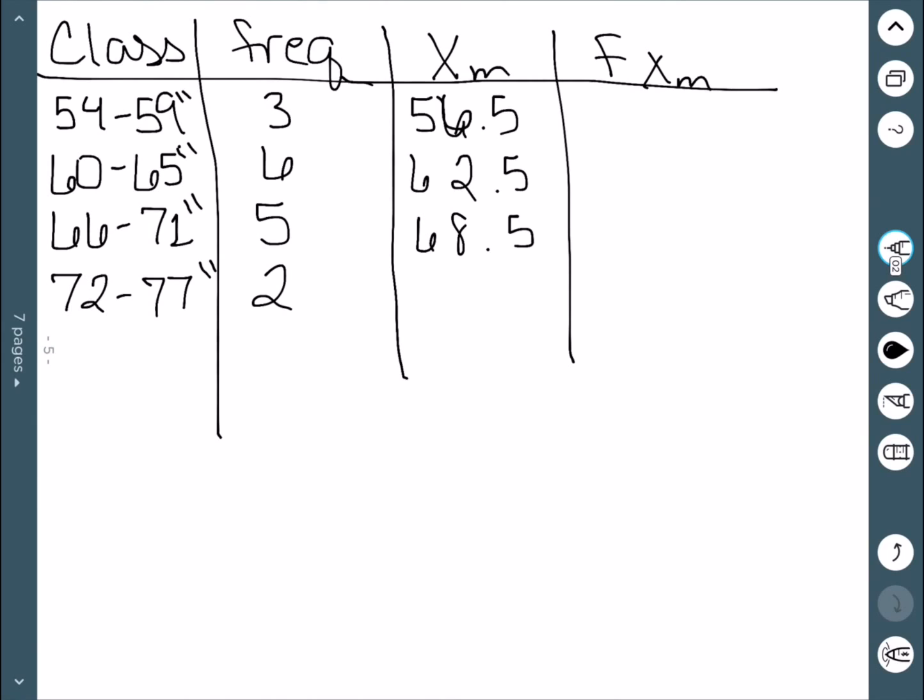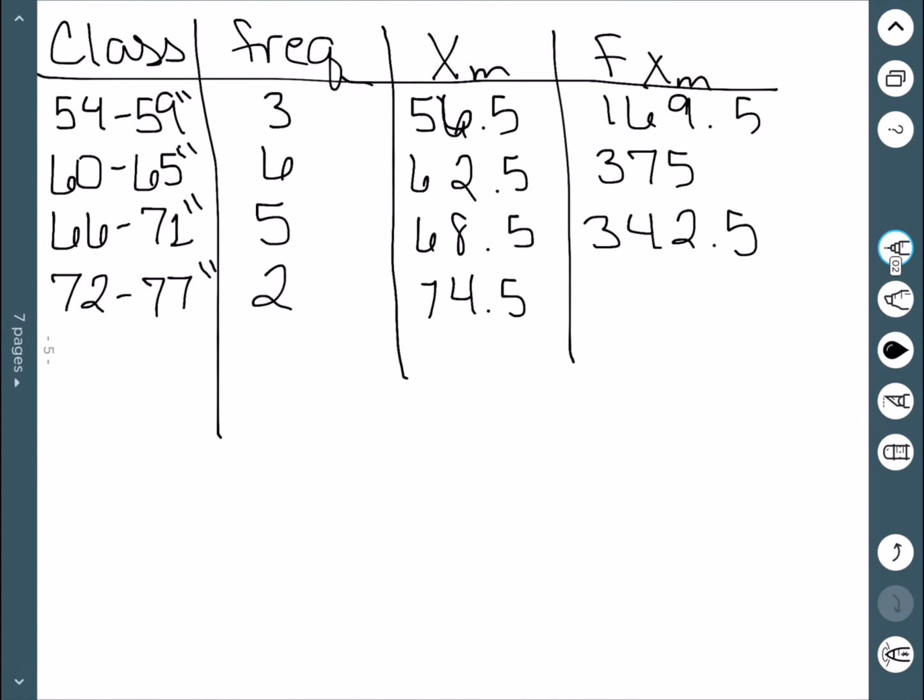And then for the last one, 74.5. The next step would be to multiply these numbers by your frequency. We have 56.5 times the frequency of 3, which is 169.5. 62.5 times my frequency of 6, which gives me 375. 5 times 68.5, which is 342.5. And then the last one, 2 times 74.5, which gives me 149.